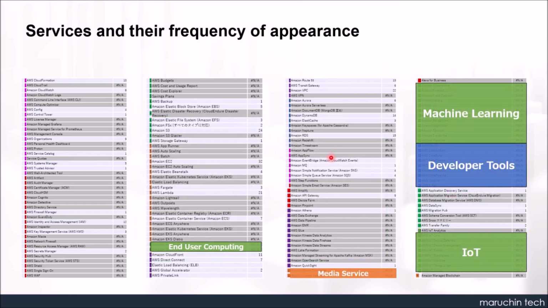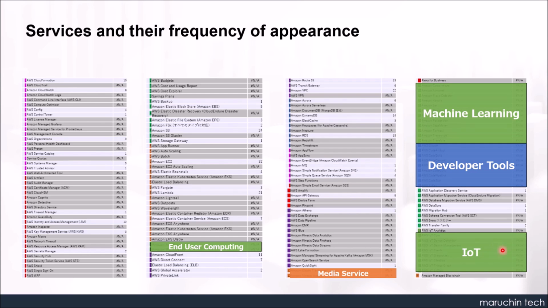And finally, categories such as end-user computing, media services, machine learning, developer tools, and IoT services are not frequently tested. Therefore, as long as you understand the basics, you should be fine.